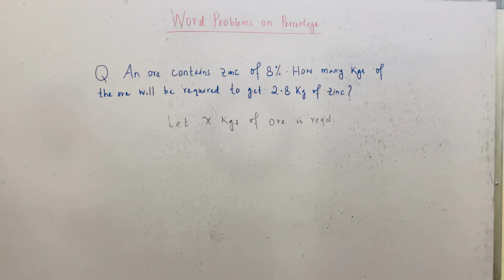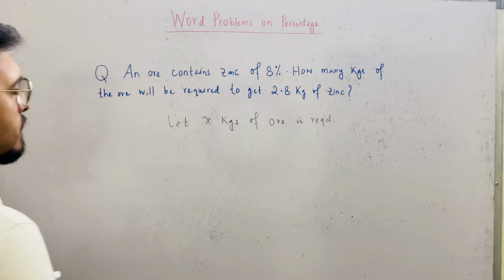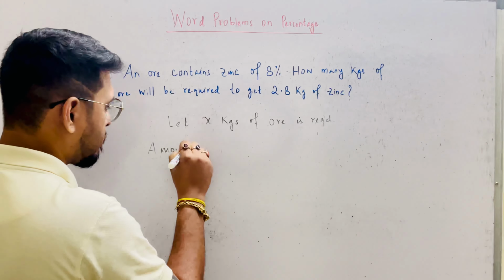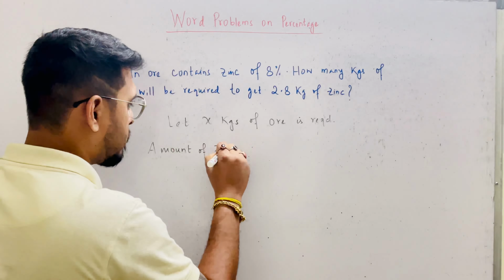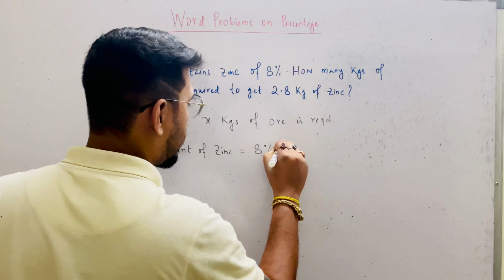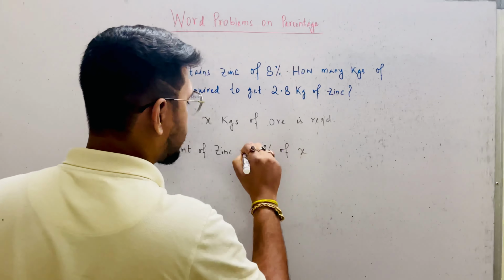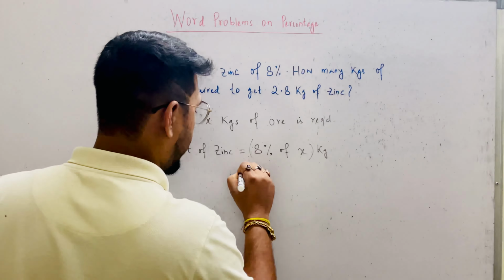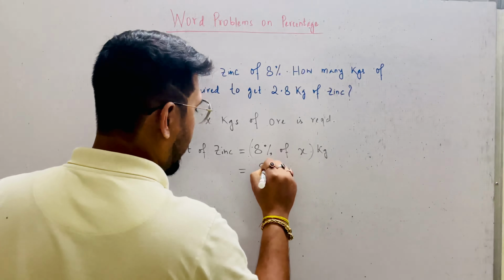Now 8% of zinc is contained in every kg of ore. So in x kgs, the amount of zinc is going to be 8% of x kgs.